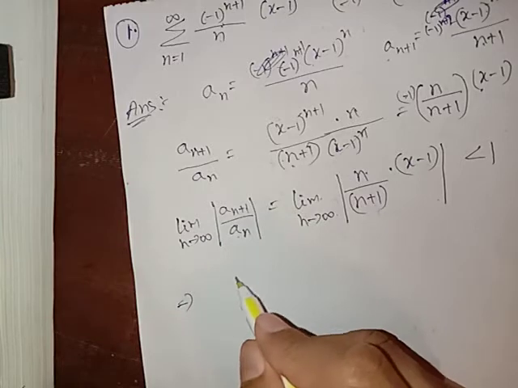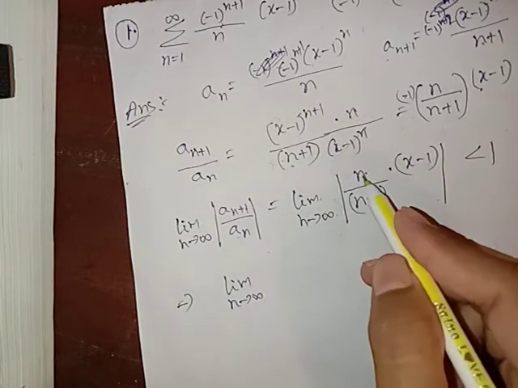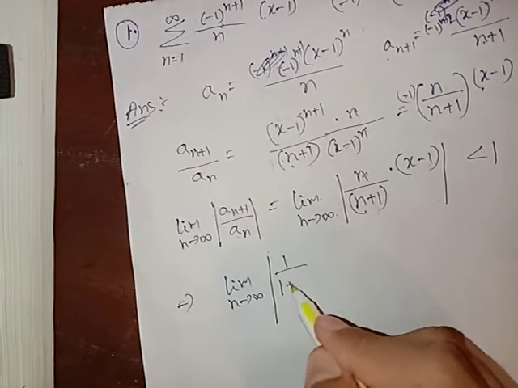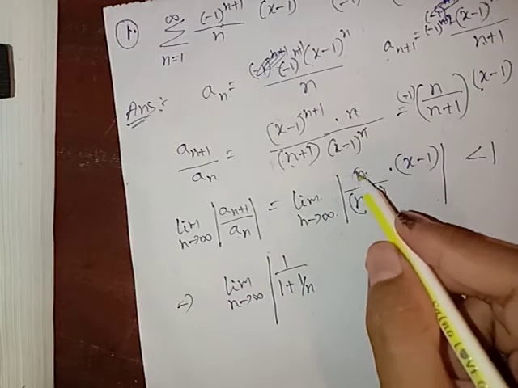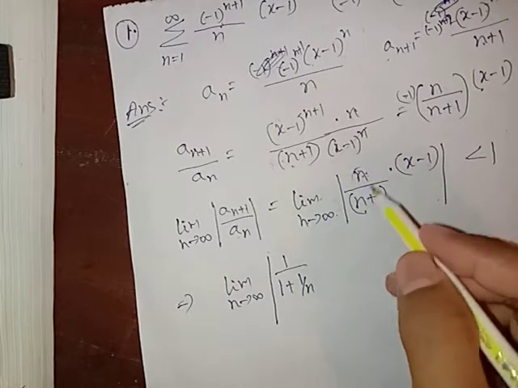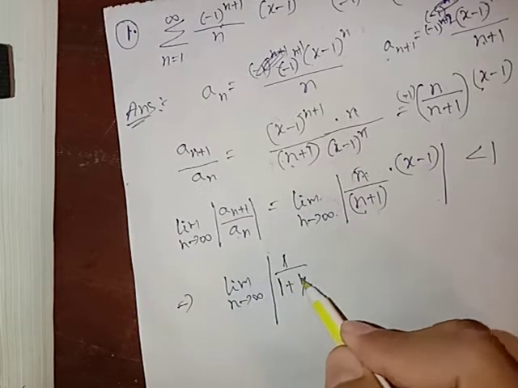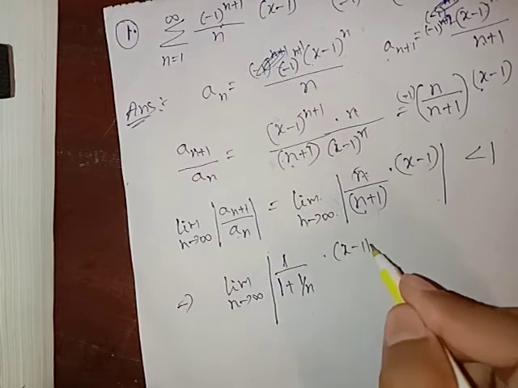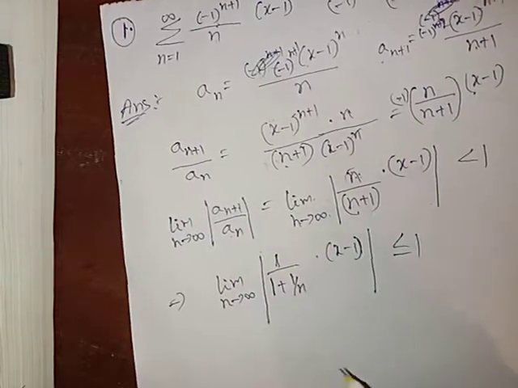We can write this as 1 divided by 1 plus 1 by n, if we divide numerator and denominator by n, into x minus 1, less than or equal to 1.